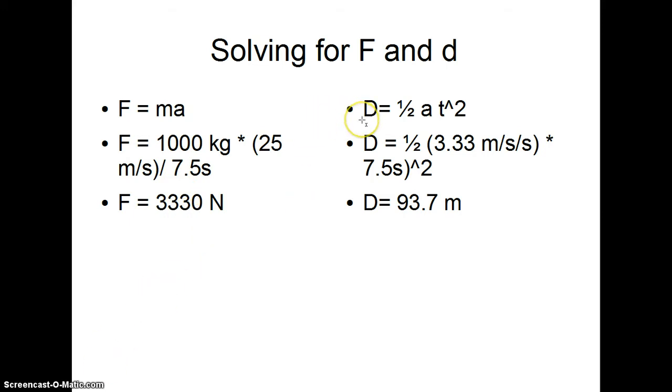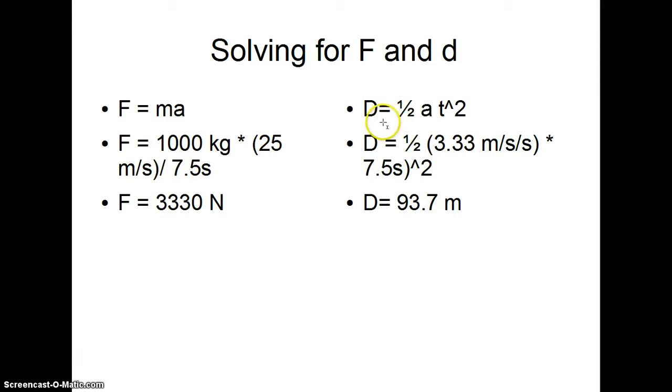Here we have the displacement is equal to 1/2 the acceleration multiplied by the time squared. Now keep in mind that this is a truncated version of one of the kinematic equations I gave to you earlier in the year. And I didn't include the initial velocity multiplied by the time in this equation because I know that the initial velocity is 0.